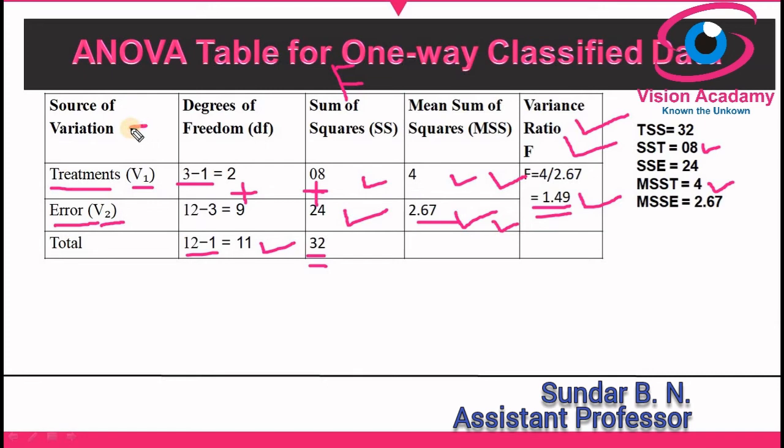Since in this problem the significance level is not given, you can go back and see the problem. Since there is no significance level given, let us consider an imaginary significance level, generally used, that's 5%. So let us see V1 and V2 for 5% significance level in F distribution.